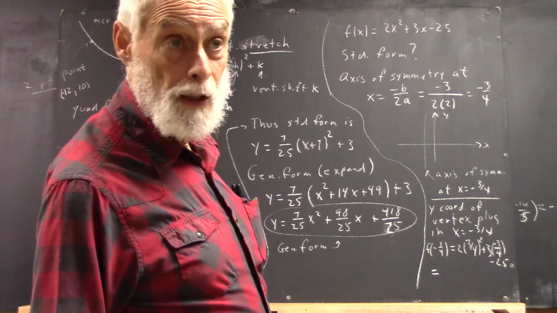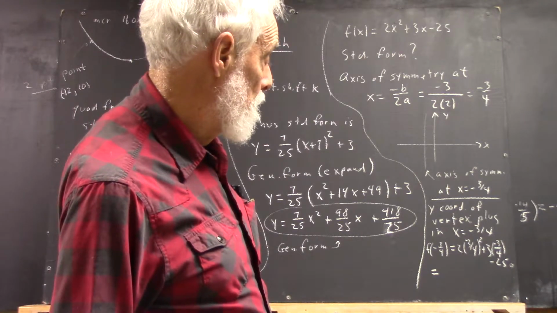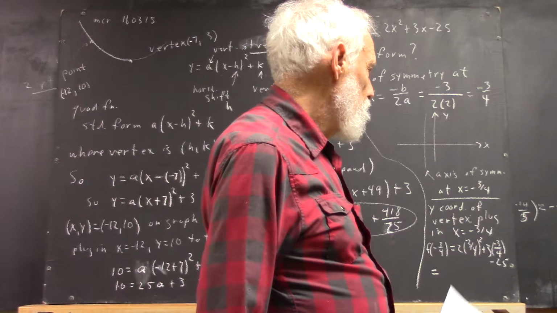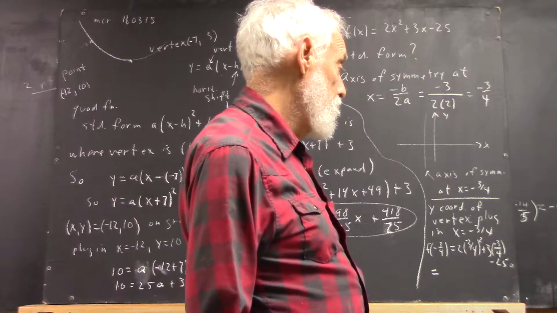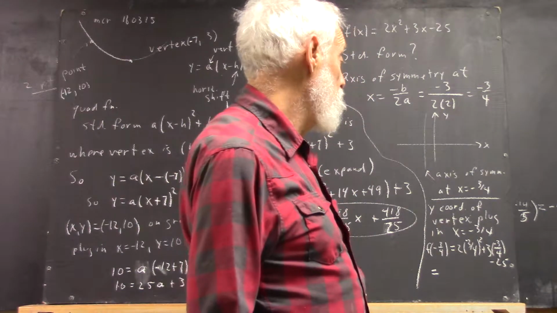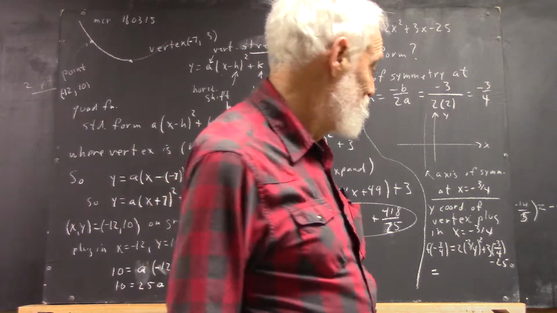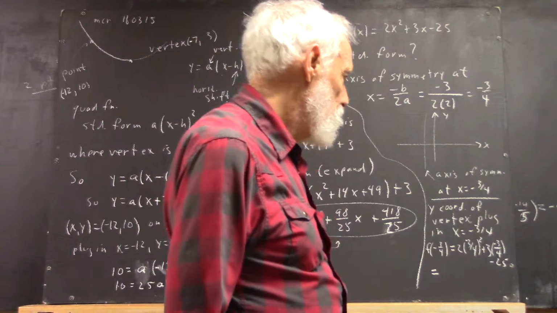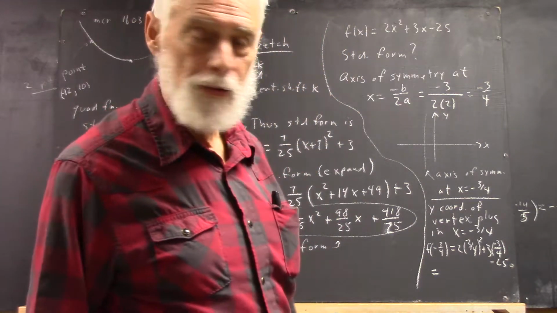Multiply it by 2, you get 9/8. Okay? So everything's going to be in eighths. 3 times negative 3/4 is negative 9/4, which is negative 18/8. So you've got a total of negative 9/8, and minus 25 is minus 200/8.